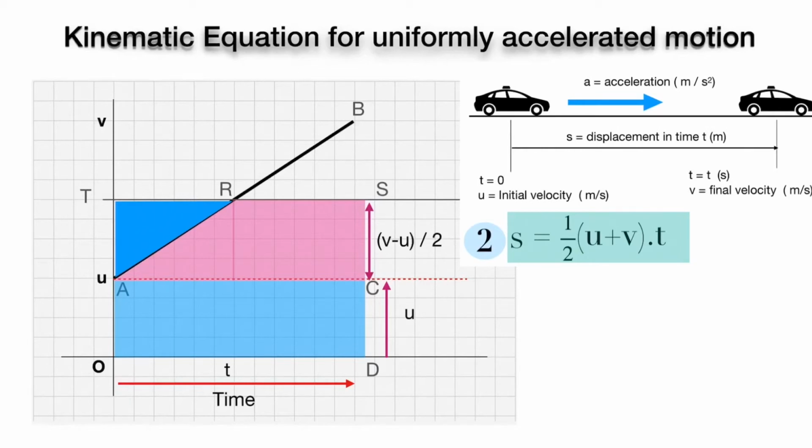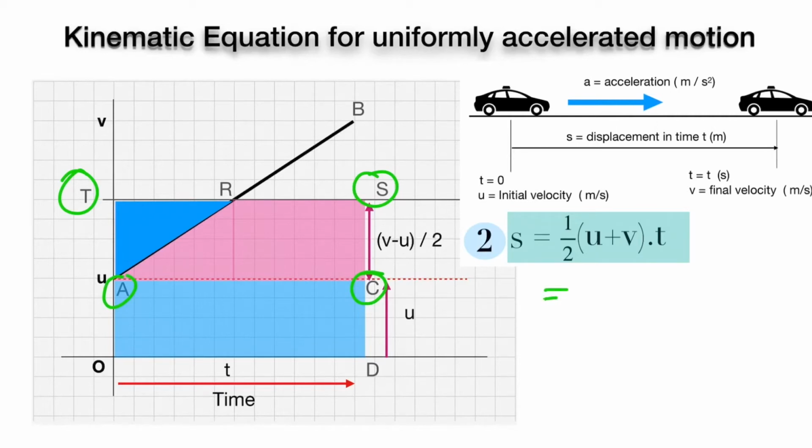Now whatever triangle was there has been converted into a rectangle. The area of the triangle is equal to the area of this rectangle, TSCA. So now the displacement s will be equal to the area of these two rectangles.